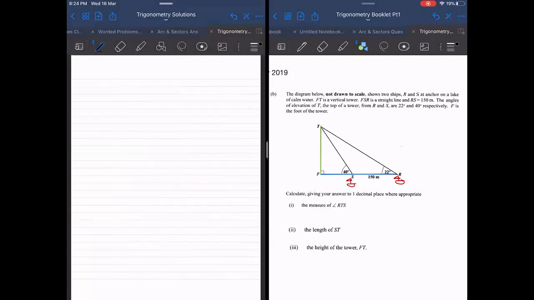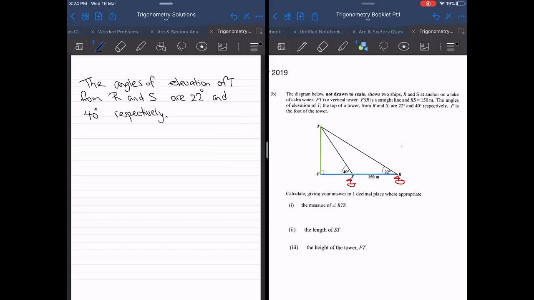Okay, so I do want to point out something. So it says the angles of elevation of T from R and S are 22 and 40 respectively.